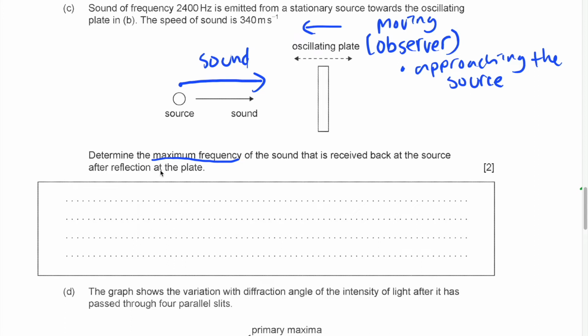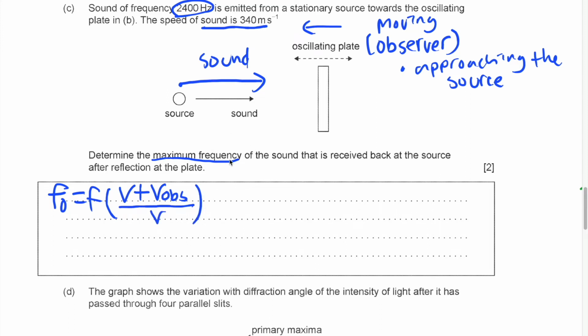So the frequency when the sound is emitted towards the oscillating plate, which is before the reflection, is equal to this. The observed frequency is equal to the natural frequency of the sound, which is 2400 in this case, multiplied by the velocity of the sound, which is 340 meters per second, plus the velocity of the moving observer, divided by the velocity of the sound.